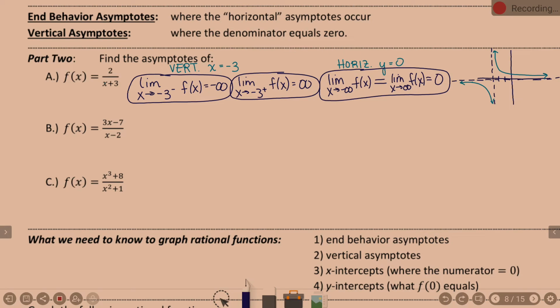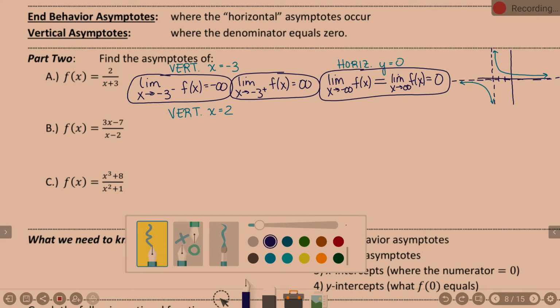What do you notice about B? Vertical asymptote at x equals 2. Yes or no to what she said? Yes. Okay. Vertical asymptote at x equals 2 because that's where the denominator equals 0, right? Okay. So, what are the two limits you're going to write?